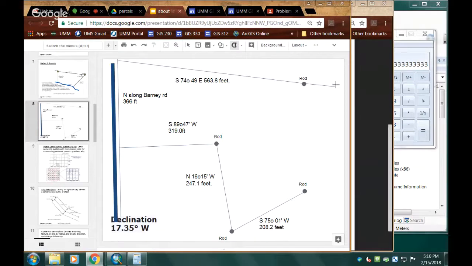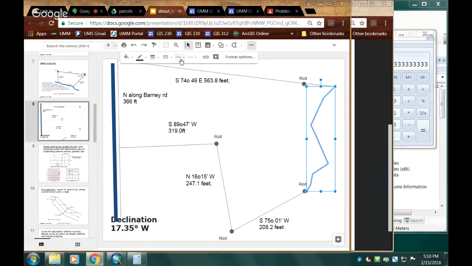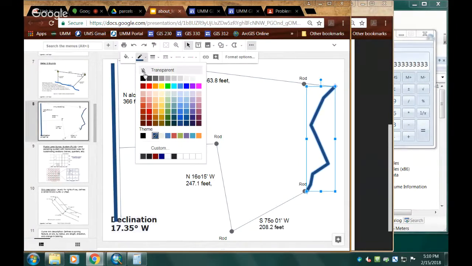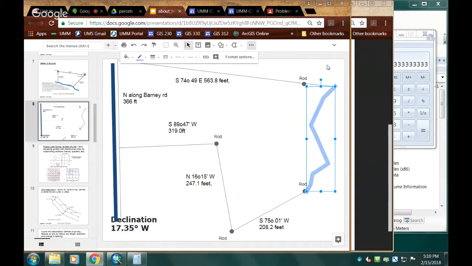Let's see, I think I'm going to do polygon. So this is the shore of the lake, right? And I guess I'm not doing a polygon. So that's the shore of the lake. I'm going to make that a little thicker, and I'll make it, I don't know, blue.